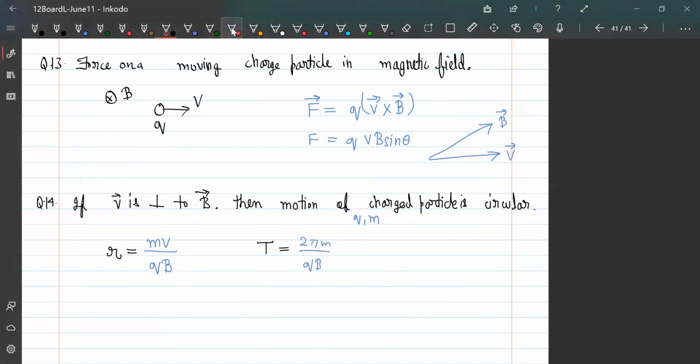So after this, the question is force on a straight current carrying conductor in magnetic field.